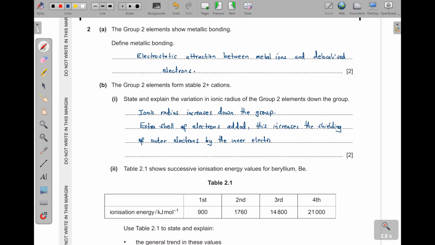So the shielding is actually that repulsion, because electrons are negatively charged, so the distance will continue being bigger because of that shielding effect. And the nuclear attraction decreases. But that is enough.